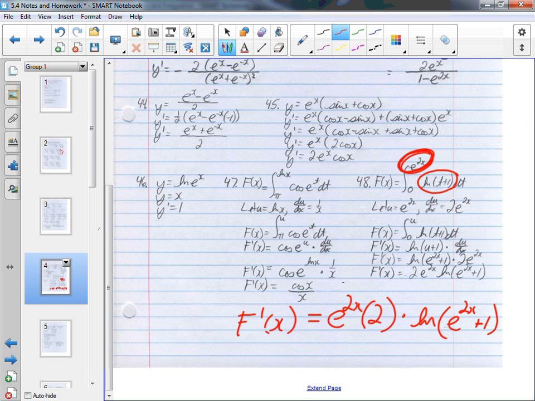And then clean it up a bit, and you'll get 2 e to the 2x times the natural log of e to the 2x plus 1. So that was just f of u times the derivative of u. Bless you. Okay, anything else?